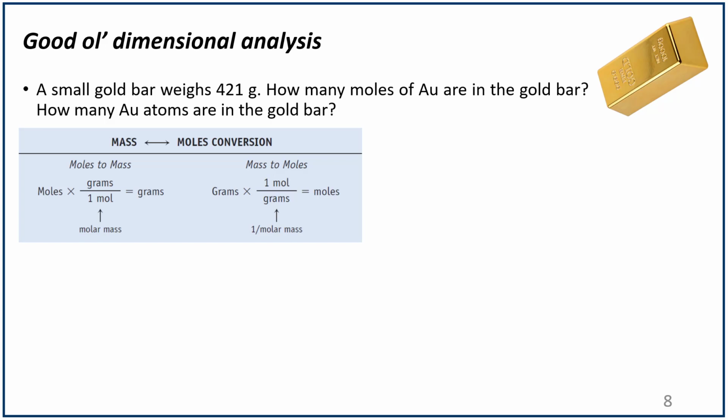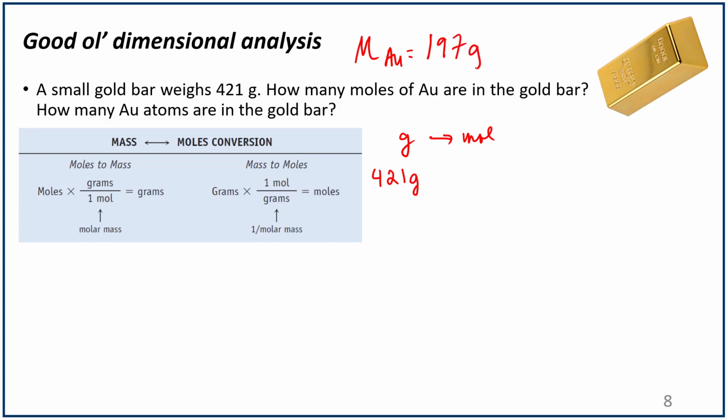A small gold bar weighs 421 grams. How many moles of gold are in the gold bar? For this one, we're just converting grams to moles. For every 421 grams of gold, we want to convert that into moles. The information that we have from the periodic table is that the atomic mass of gold is 197.